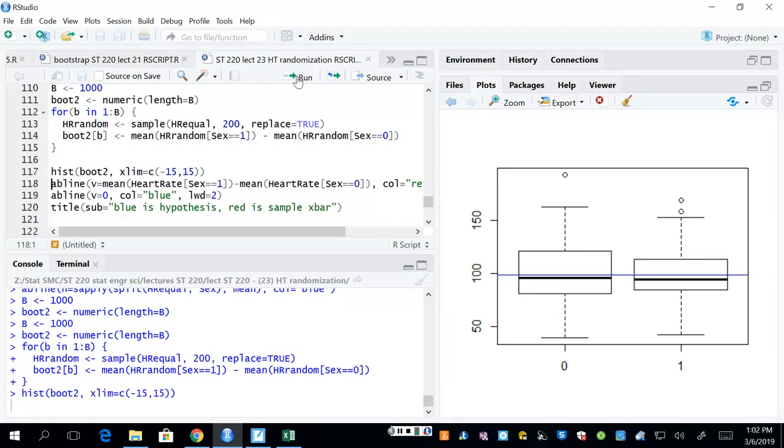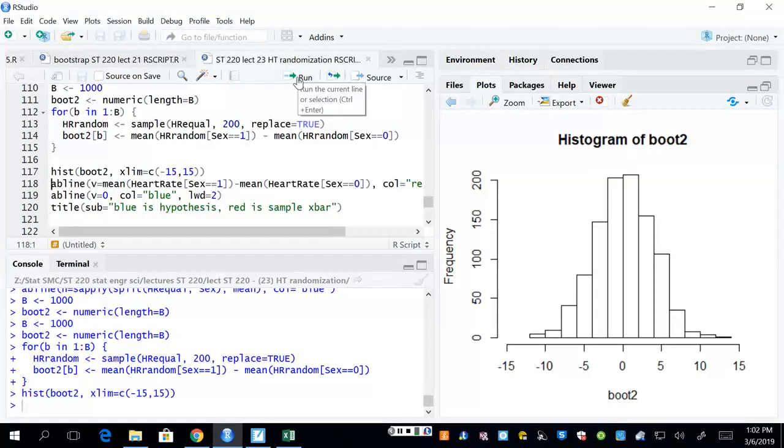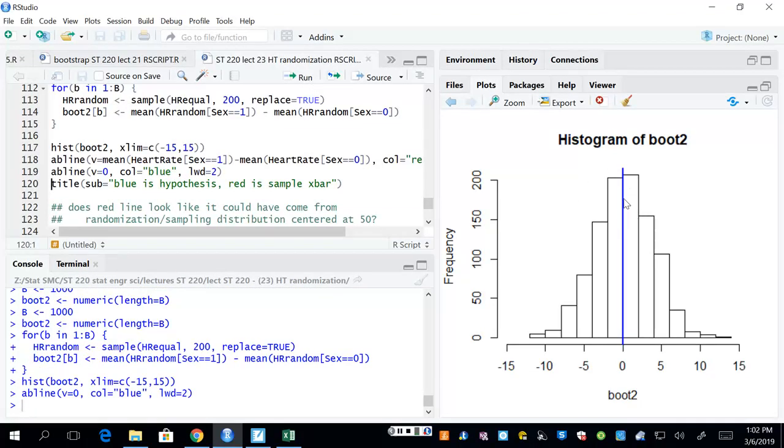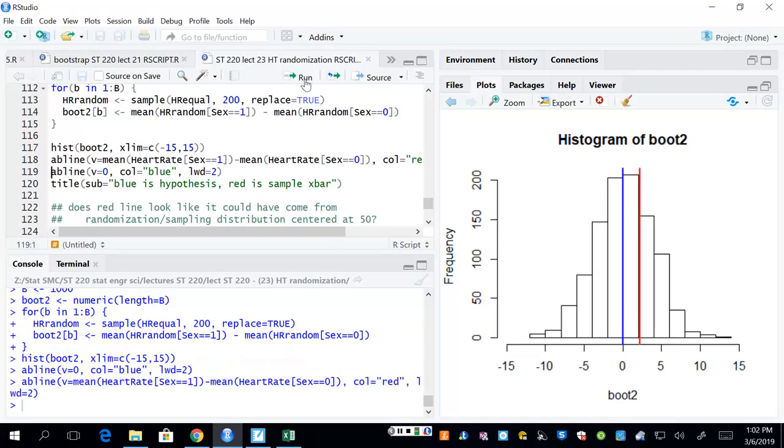Now that histogram of averages looks like this. The line that is at 0, of course, is right in the middle because that's where I've set it up. I've tried to do the simulation under there. Where does the other one show up? The other one shows up here. The actual difference between men and women was a couple of points, right?